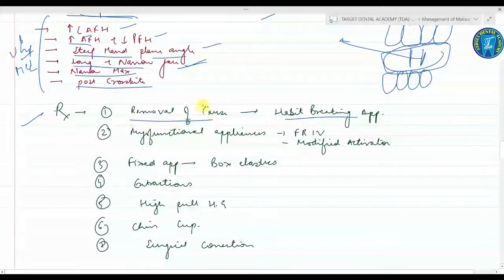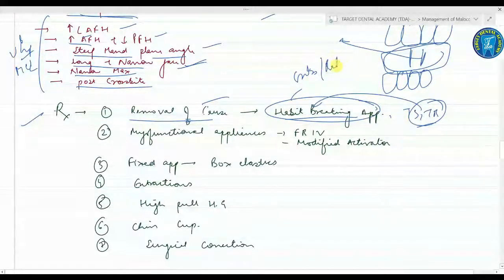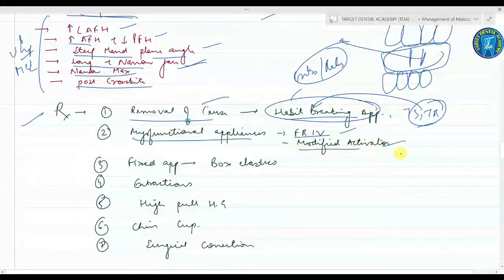So next is the treatment of the open bite. First you have to remove the cause. For example, in a patient having the habits of thumb sucking or tongue thrusting, these are the primary causes of anterior open bite. In that case you have to remove the cause by giving the habit breaking appliance, tongue cribs, rakes, etc. Next you will go for myofunctional appliances like the Frankel 4 appliance or a modified activator.